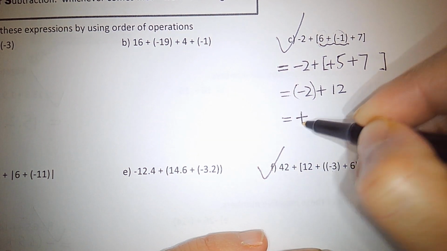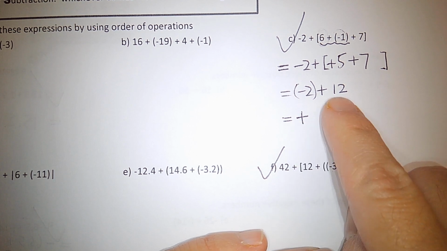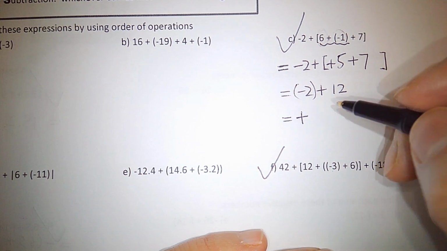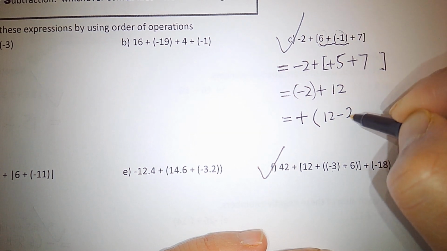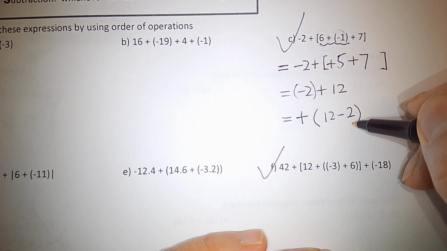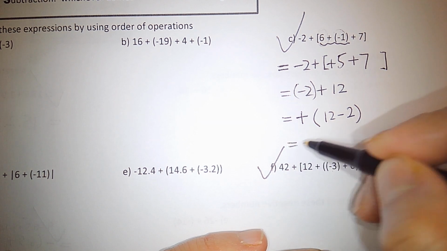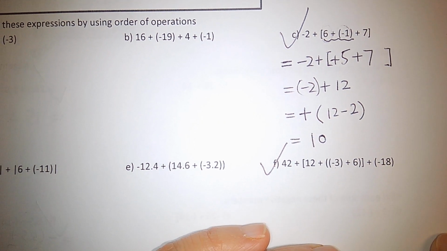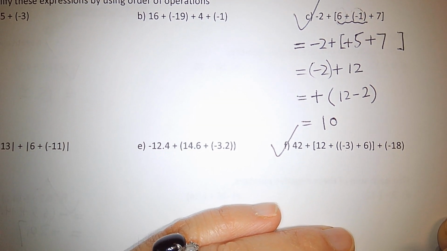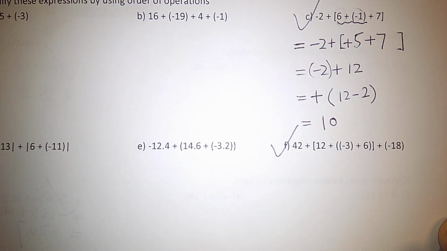Keep the sign of 12, which is positive. Then we do 12 minus the absolute value of negative 2, which gives us 10. Can you guys follow me? Everyone?